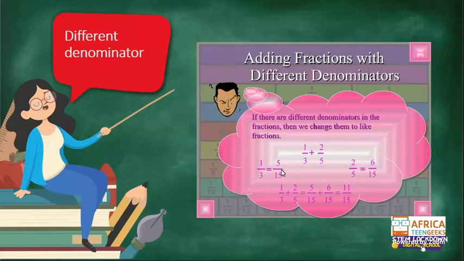Remember, for you to know that you have like terms, the denominators must be the same. We are now able to add, so we have 5 over 15 plus 6 over 15, which is equal to 11 over 15.